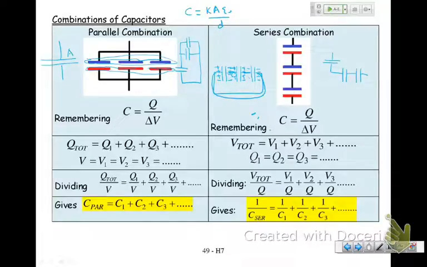So can you see how by doing that, I'm basically increasing the area when I add capacitors in parallel. I'm increasing the area, which makes my capacitance bigger. So it makes sense that C parallel is equal to the first capacitor plus the second capacitor plus the third capacitor plus the fourth capacitor.